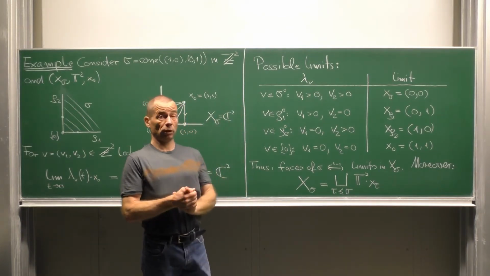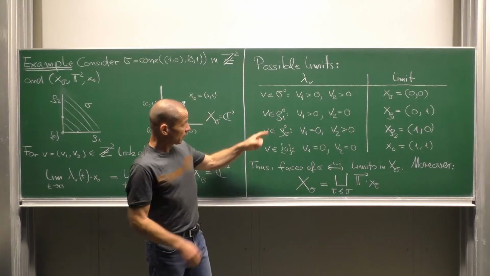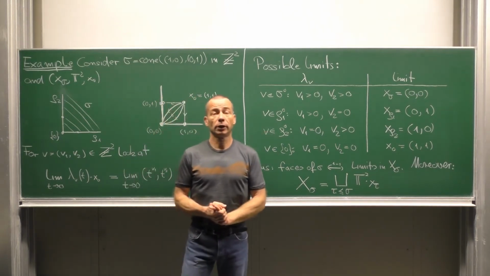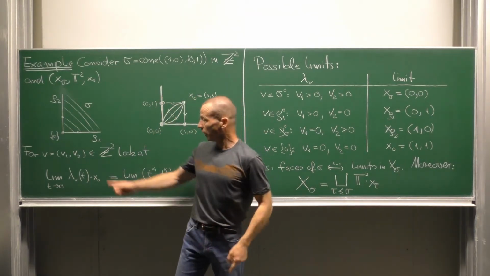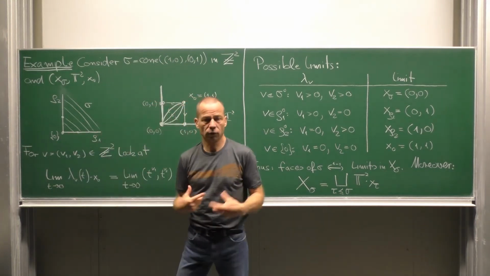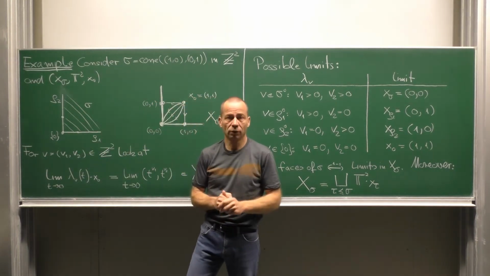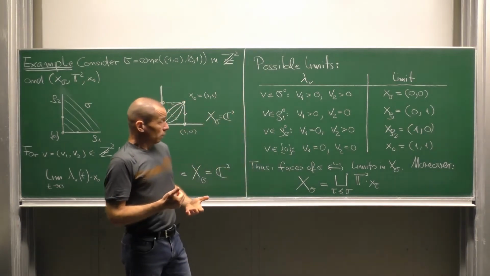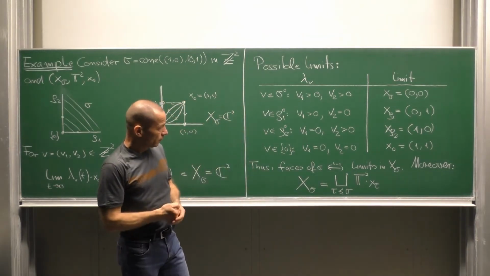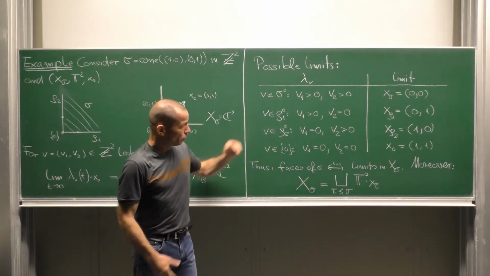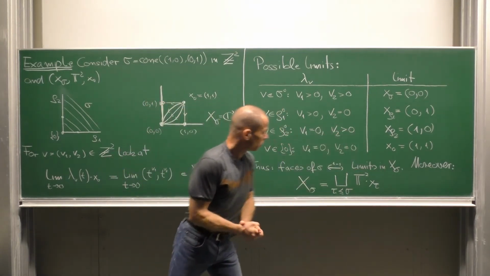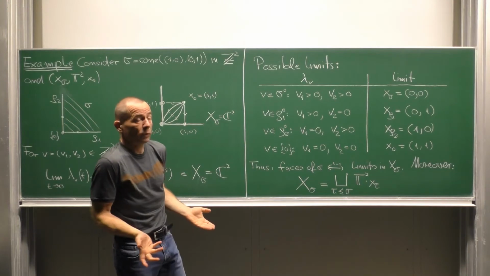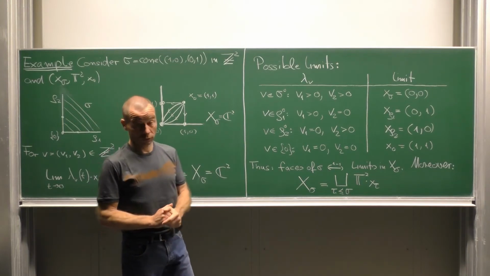So our vector v must come from the relative interior of the first ray. That means any vector in the ray, but not the 0 vector. The same with the other cases. For rho 2 we end up with (1,0), and for the 0 cone we end up with the base point x naught.